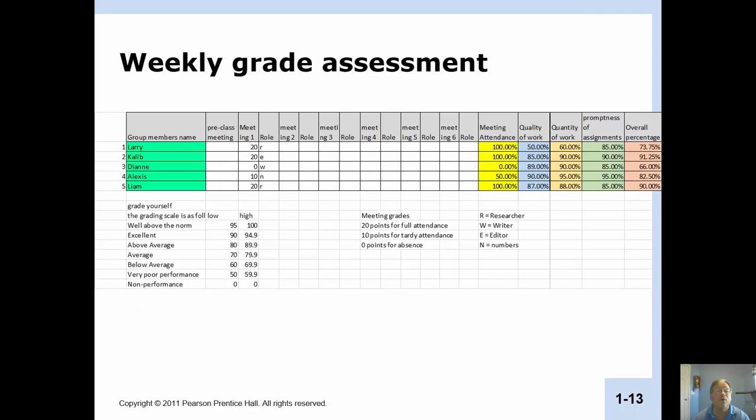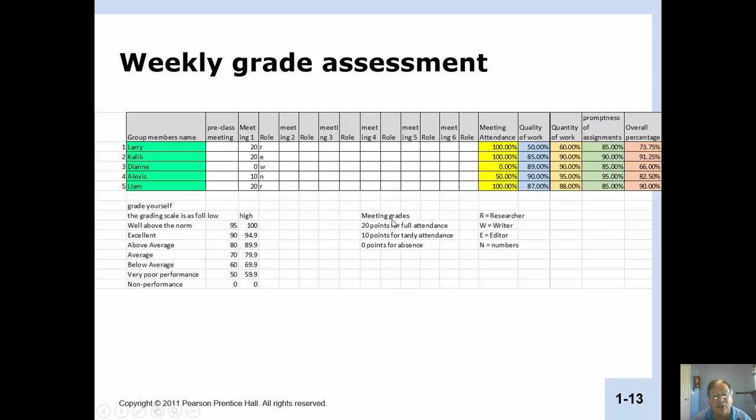So every week, you're going to send me this document. There are 5 people in our group. This is the assessment for the first week's meeting. So the first row here, meeting 1, is an attendance meeting. You get 20 points for full attendance, 10 points for tardy or only partial attendance, and you get 0 points if you're absent from the group meeting.